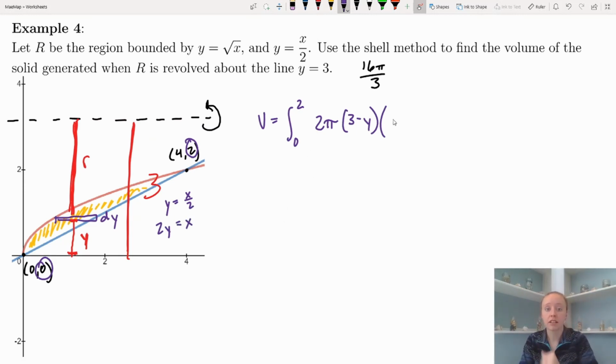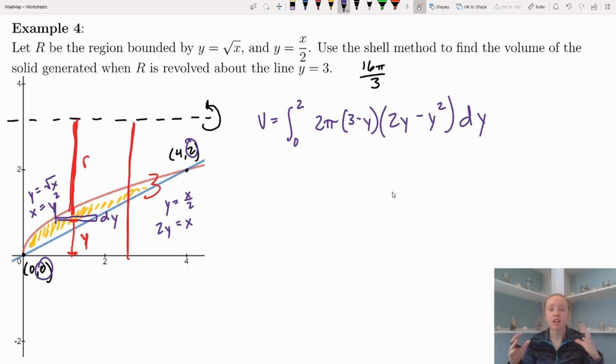So my right is 2y minus my left, which the square root of x equals y. So that means x equals y squared. So I'm taking 2y and subtracting y squared and integrating that entire shell area, the height times the circumference, that area I'm integrating with respect to y.